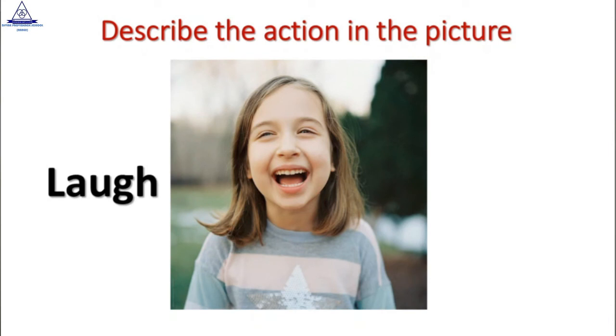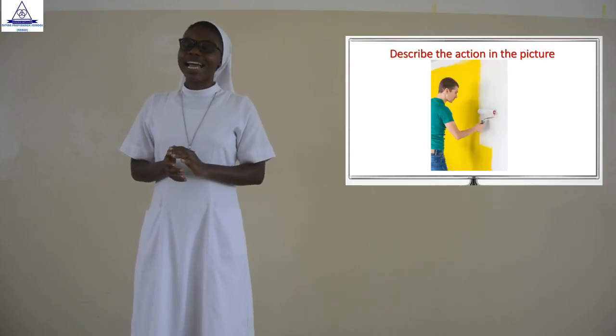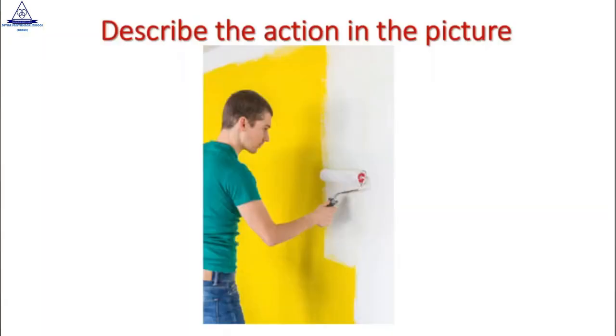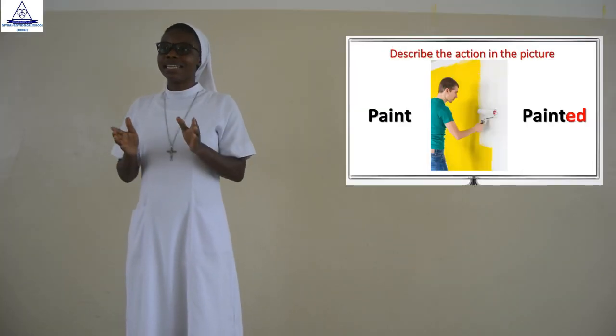So the past tense of the verb laugh is laughed. Good. And the last picture, what is the man doing? He is painting. So the past tense of the verb paint is painted. We also added ed to it to get the past tense.